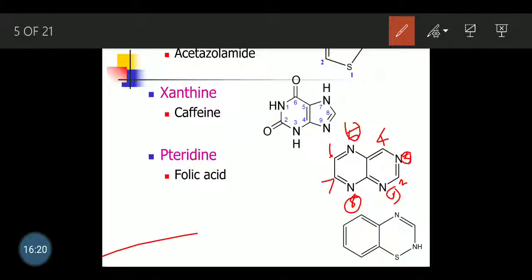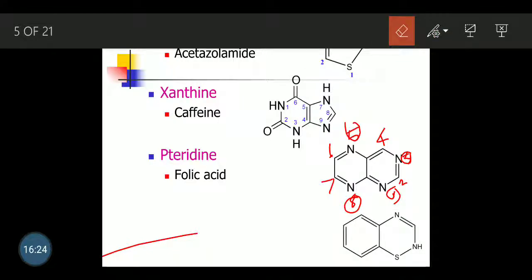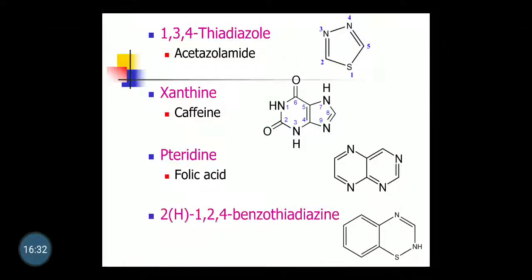Folic acid is an example. So the next heterocyclic ring is 1,2,4 benzothiadiazine.